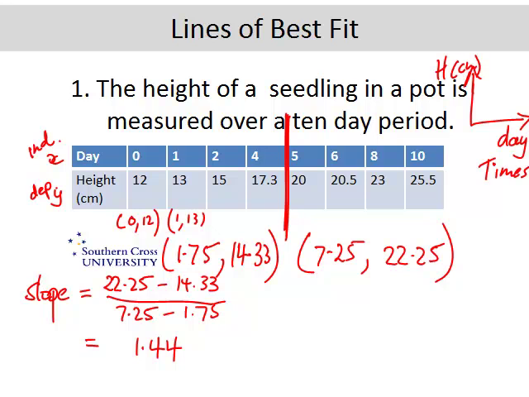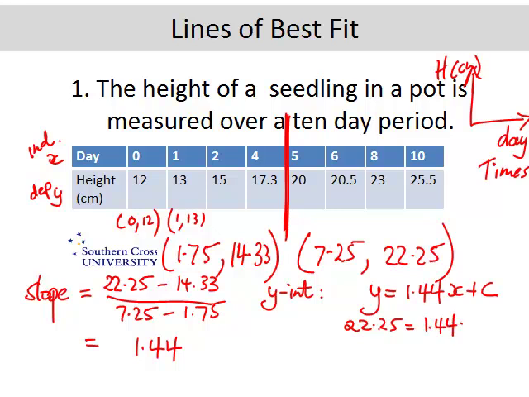So finding the y-intercept, we know that so far we've got y equals 1.44x plus c. If we take one of these points and substitute in, we know that 22.25 is equal to 1.44 times 7.25 plus c.